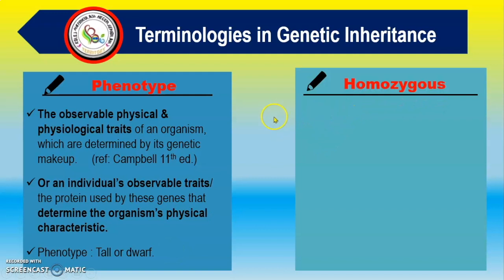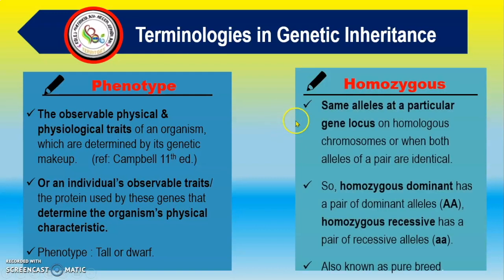The next one is homozygous. Homozygous refers to the same allele at a particular gene locus on homologous chromosomes, or when both alleles of a pair are identical.